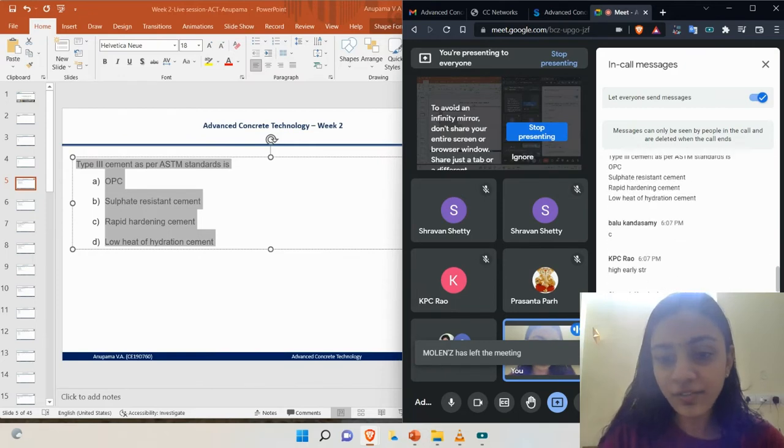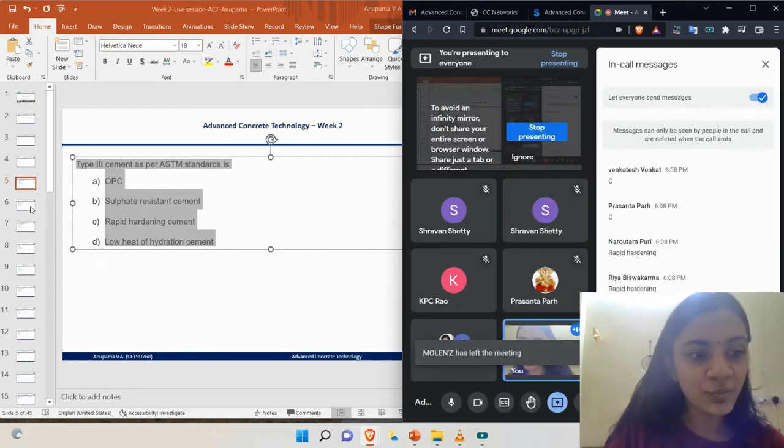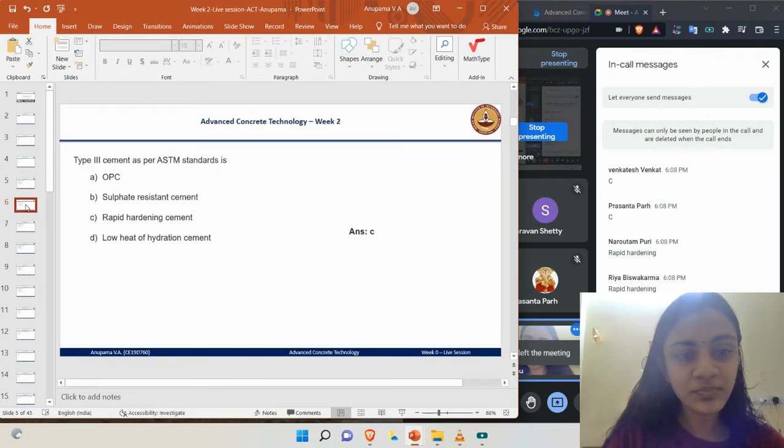All of them have answered it correctly. So moving to the correct answer, it is rapid hardening cement, which is also known as high early strength cement. Since the initial portion of the week was concentrating on the classification, we have a few more questions focusing on that.